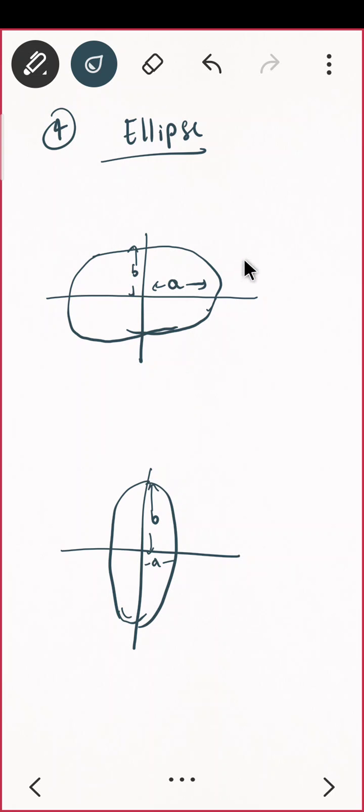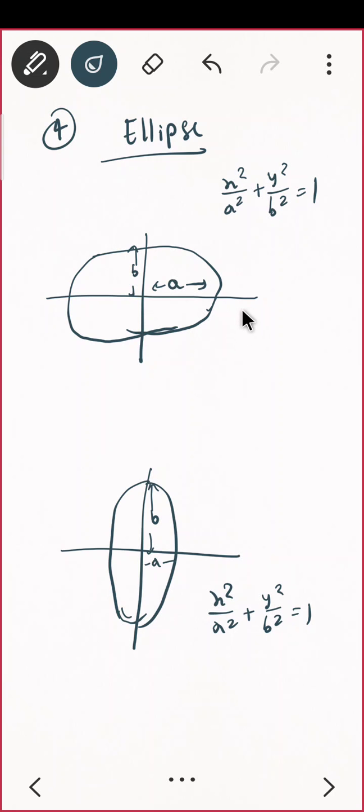What is the equation of this? And here again, but the change is here your A is greater than B and here your A is less than B. That is what you have to see. That's it. Your graph will be something like that.